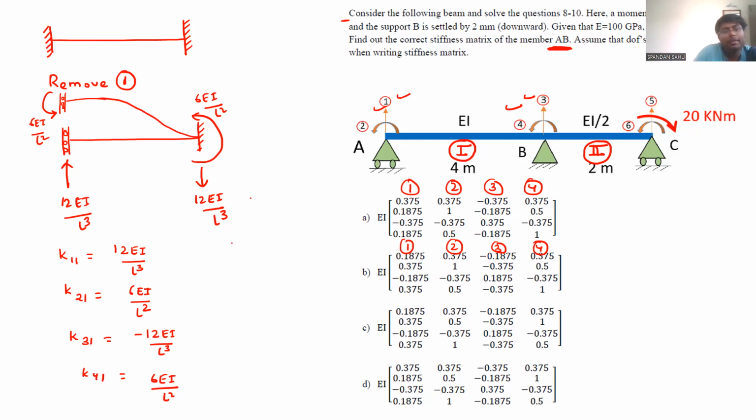Now, fix all those again. Release and apply displacement along coordinate 2. Unit displacement there will be unit rotation. So if you provide unit rotation, then it will be like this.